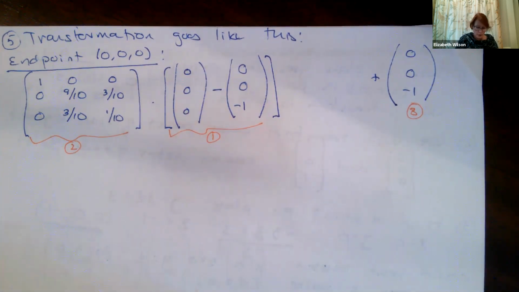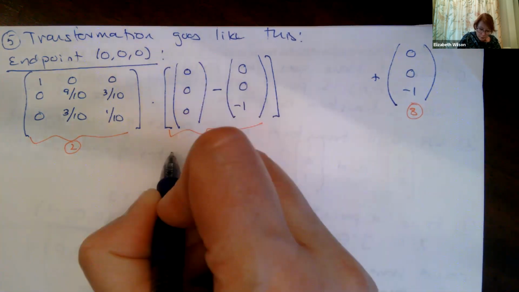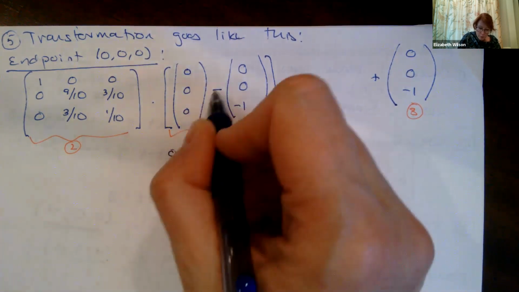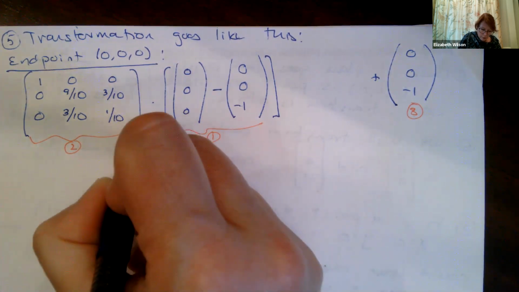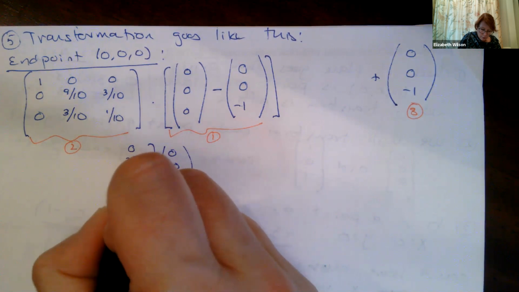All right, so let's go ahead and do it. So this is going to be 0 minus 0, 0 minus 0, 0 minus a minus 1 becomes positive 1, times the matrix 1, 0, 0, 0, 9 tenths, 3 tenths, 0, 3 tenths, 1 tenth.